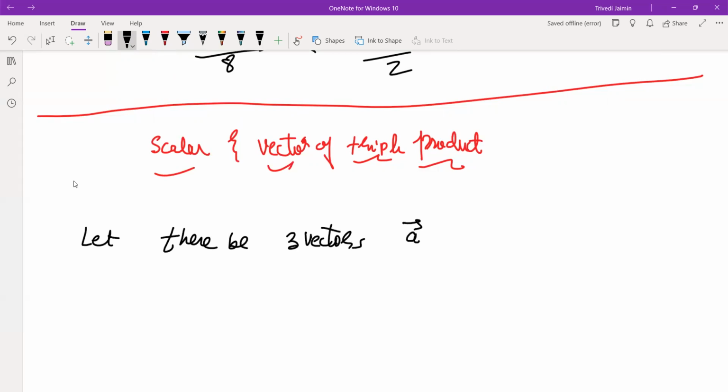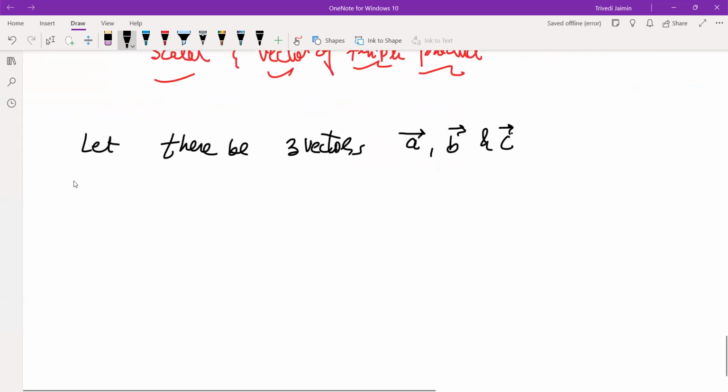We're taking A, B, C, not X, Y, Z; it doesn't matter, any three things. A, B, and C. So I can write this as A vector, B vector, C vector. Now, this is very easy. If you just listen carefully, it will be very easy to understand. I'm going very slowly.